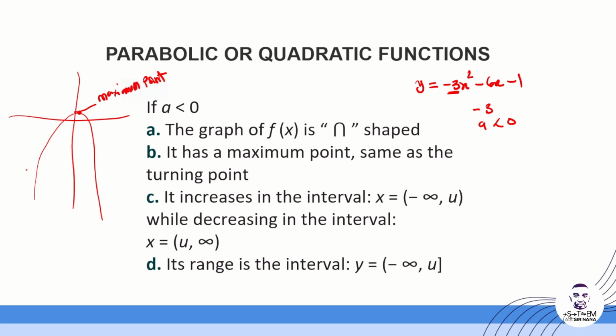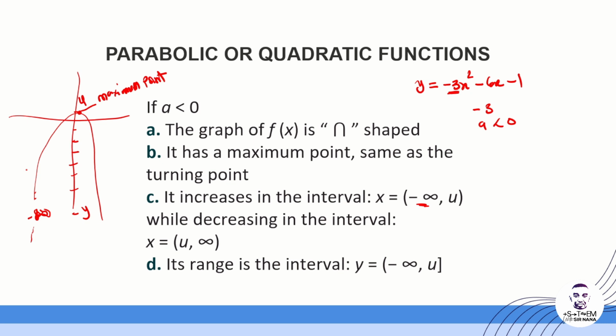This part down here is the negative y part. It increases from negative infinity up to the point of the maximum here, which we can call u.